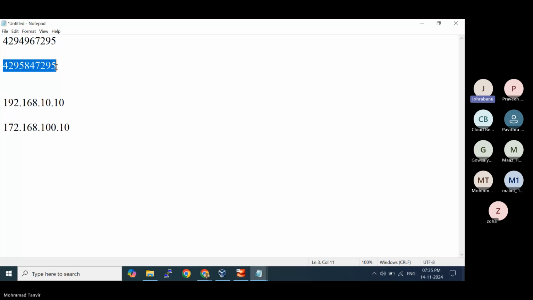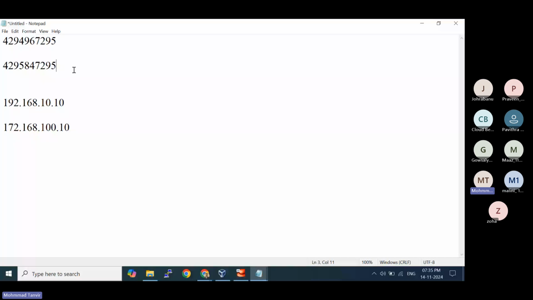The second one is separated by dots. Or this one? This one also we can pronounce, no? So how much is this? Can anyone pronounce it? That's difficult, sir.